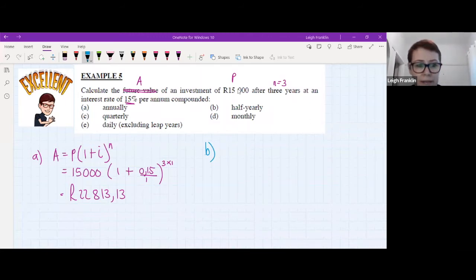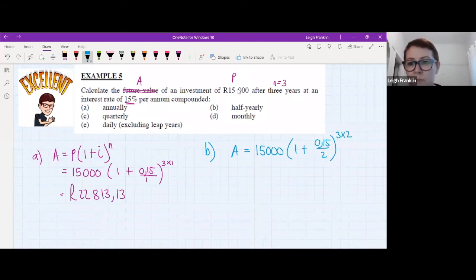So half yearly, our formula is still the same. So A equals P, 1 plus I, but now it's half yearly. So that means that we need to take our interest rate and divide it by 2. And then over here, how many half years do we have in a period of 3 years?